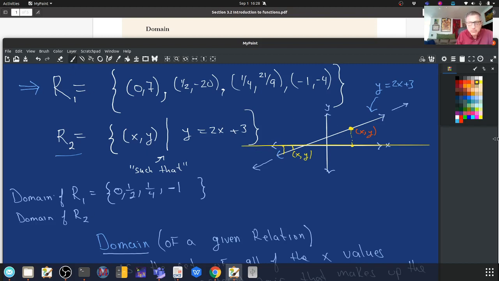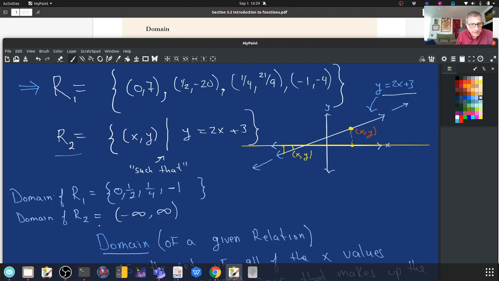So it turns out that the domain of this linear function described by y equals, the set of ordered pairs xy that make this a true equation, we can no longer write in set listing formation, we can write it in interval formation. It goes from minus infinity to infinity.